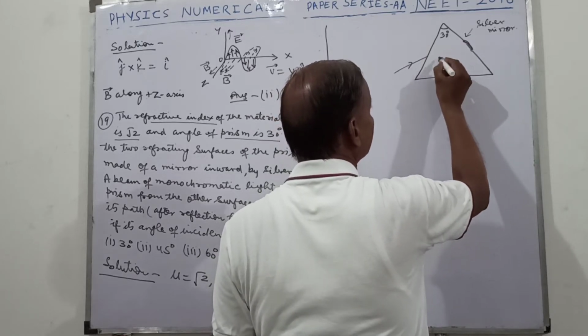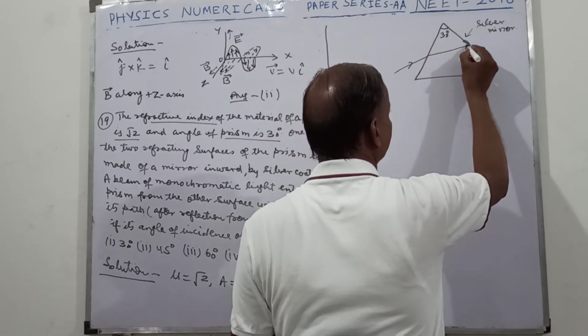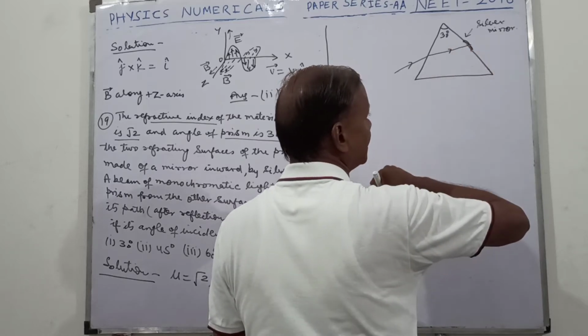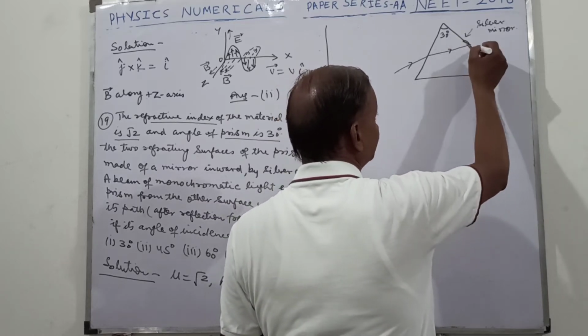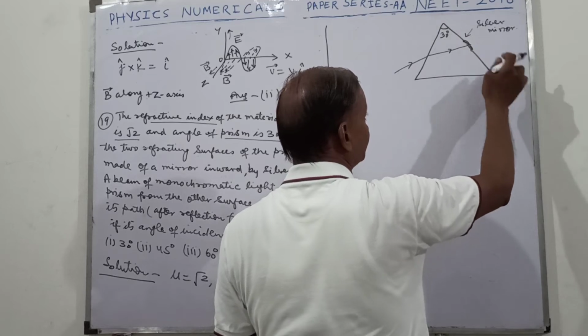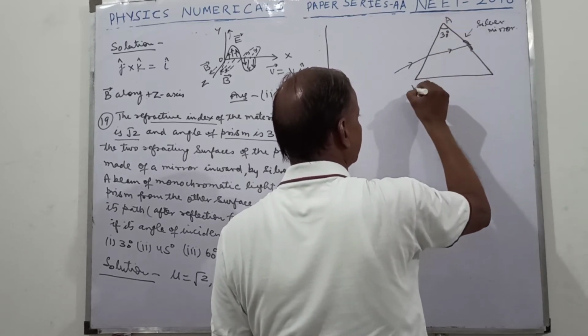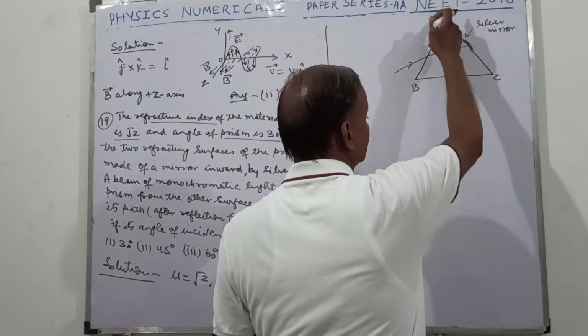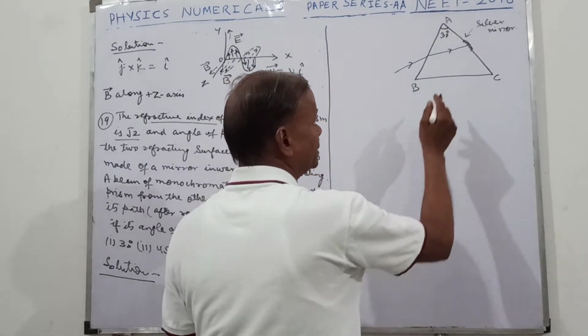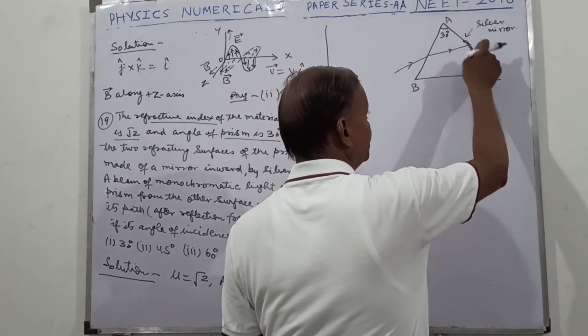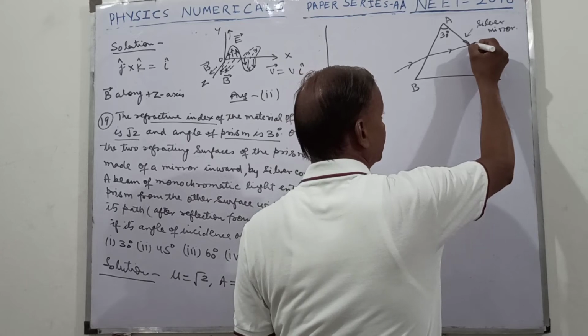So this will be like this one. It means that for this refractive surface AB, this must be the normal of this surface AB. So we have this normal.